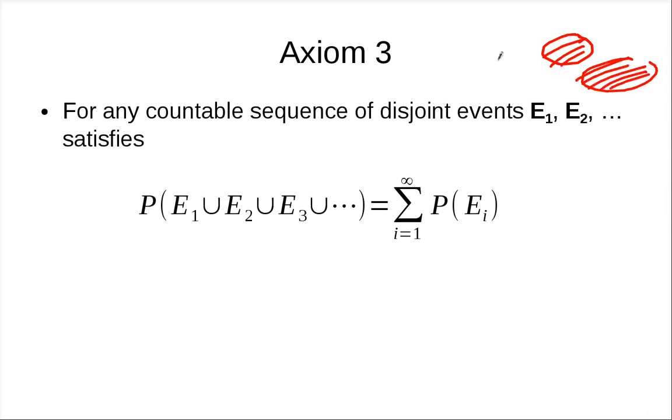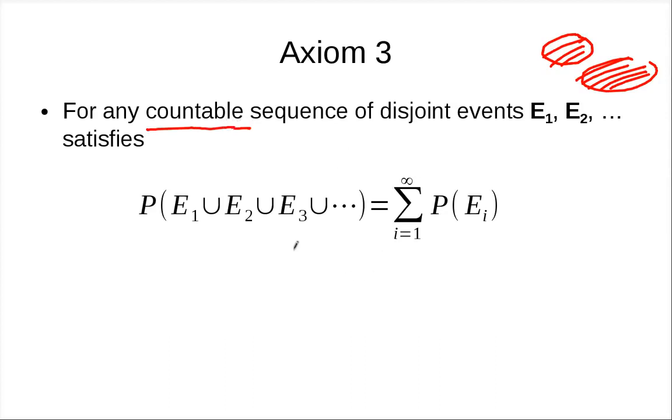You say that the probability of the union of these events is the sum of the probabilities. Axiom 3 talks about this for a countable sequence of disjoint events. So not only 2 events, but you can have many events, a countable sequence of disjoint events. You can have a lot, but it has to be countable.